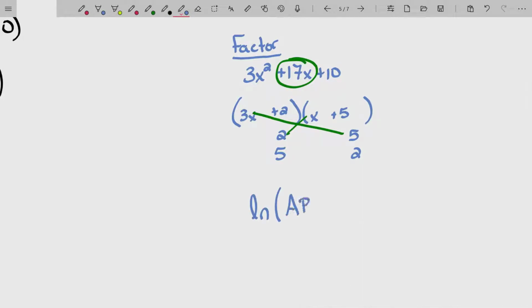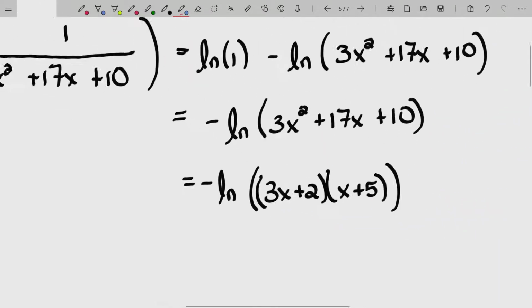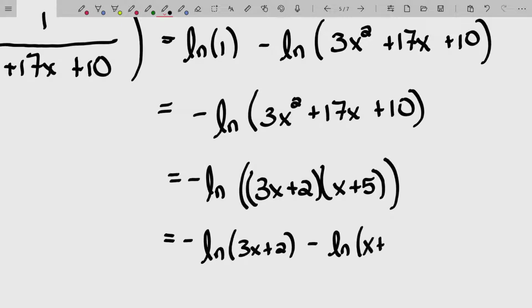The log of a times b is the log of a plus the log of b. So if you take a look at this, it's actually a negative log. So it's not going to be log of a plus log of b, because we're going to multiply both component pieces by a negative. It'll be a negative log of 3x plus 2 minus a log of x plus 5.